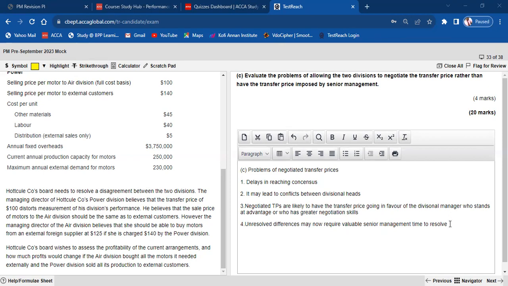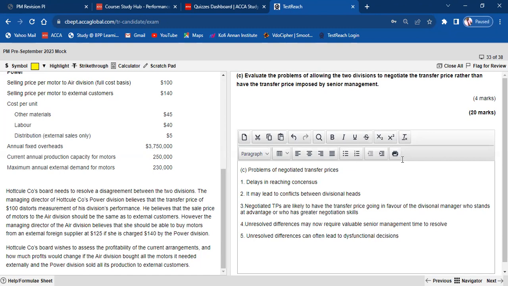I think whilst talking about unresolved differences, something came to my mind. Unresolved differences can often lead to dysfunctional decisions.